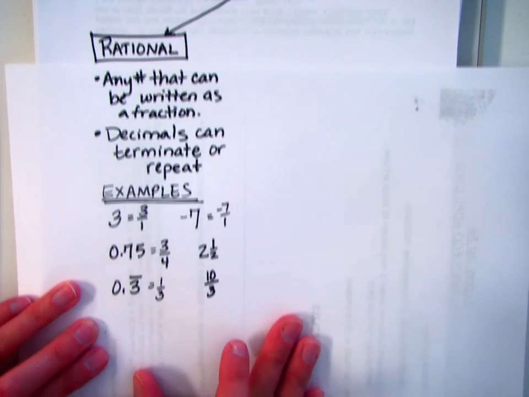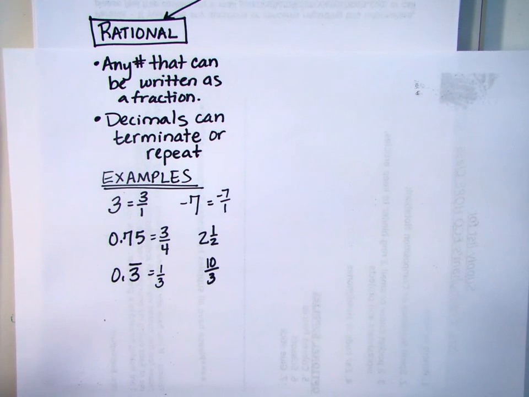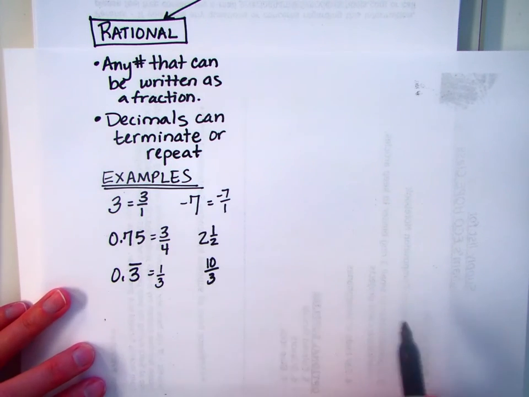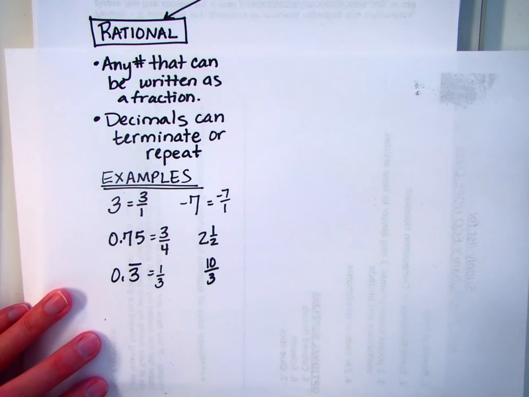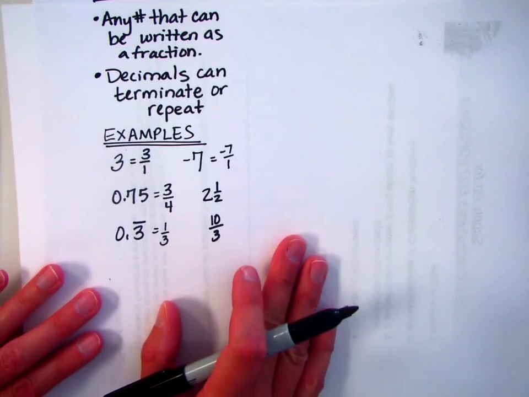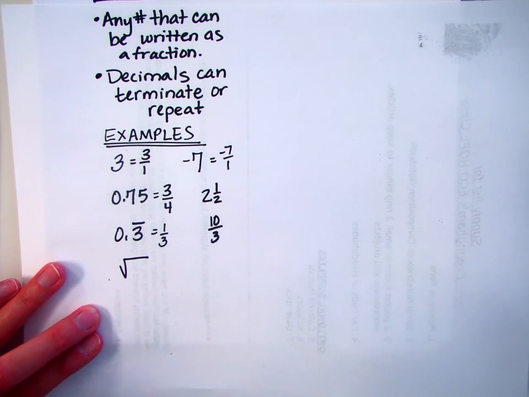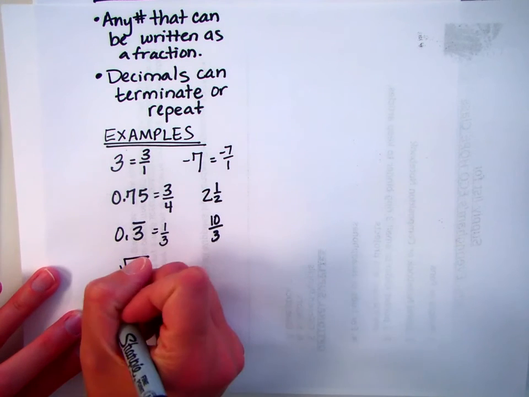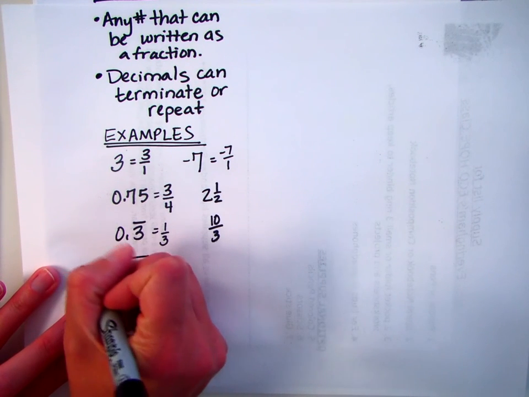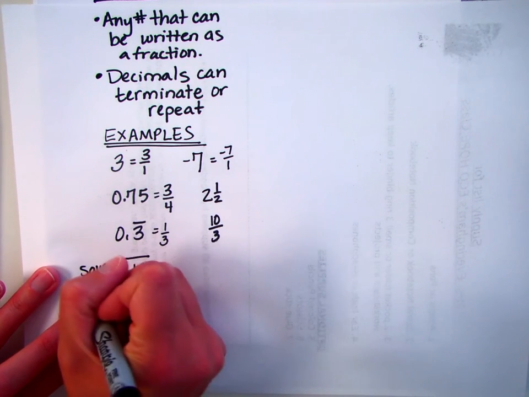Okay, one other thing we have to talk about, because we're going to run into it on the irrational side, are our square roots. So if you see this symbol here, that's asking you the square root of 16.